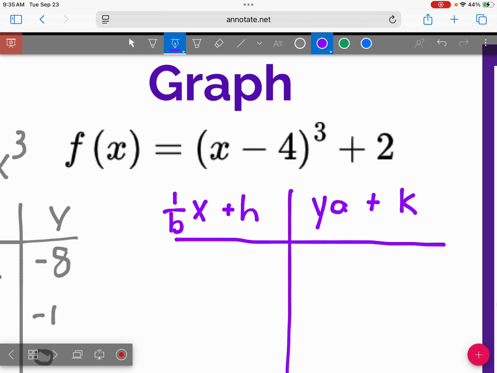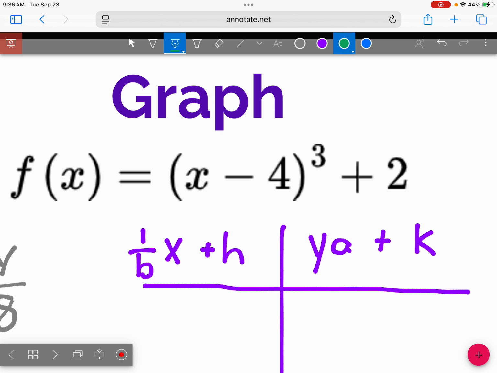If I take h out, it's going to have the opposite sign of this piece. So what is our h value? +4. So we're going to add 4 because it's going to switch to the right. That's a really common mistake, actually, to accidentally switch where that is. H always has the opposite sign, but only in the equation in here. If it's going out of or coming into the equation, like if I was writing a form, that's when it has that opposite sign. Every other time, it stays normal.